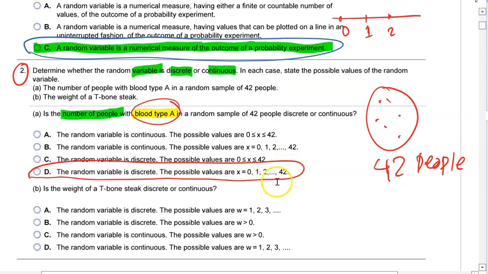Okay, and that's how you identify this discrete because of the value of the variable.